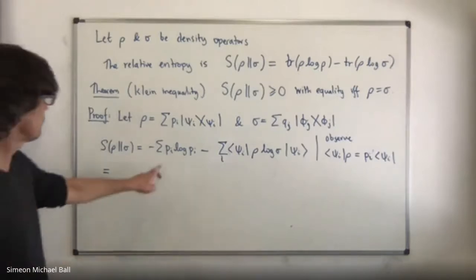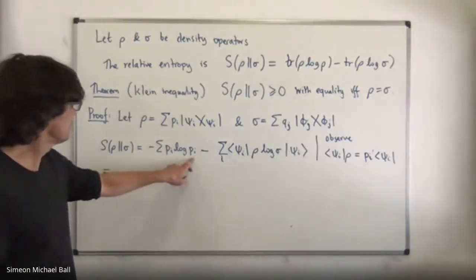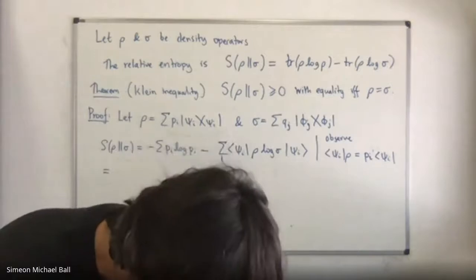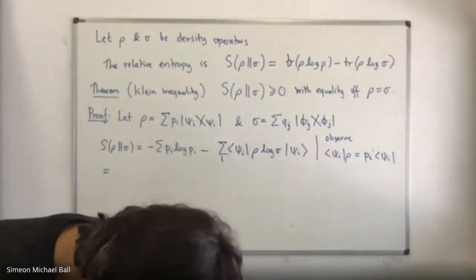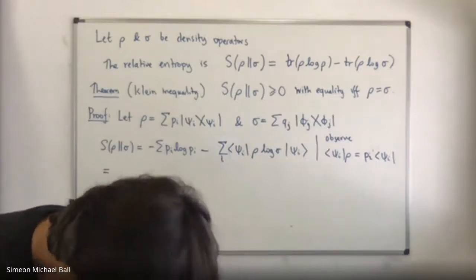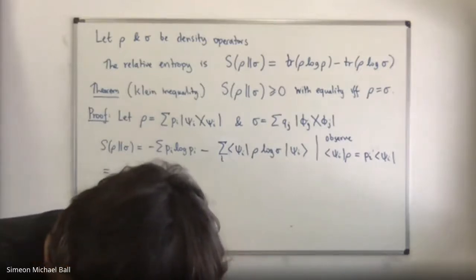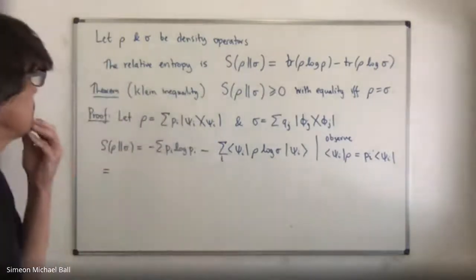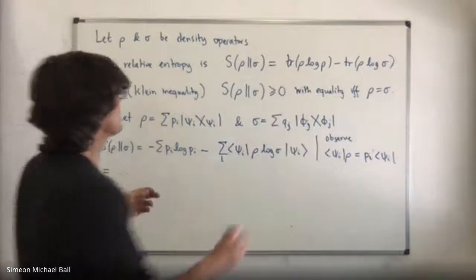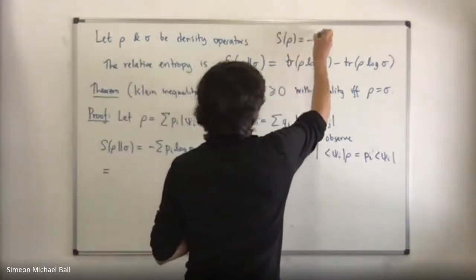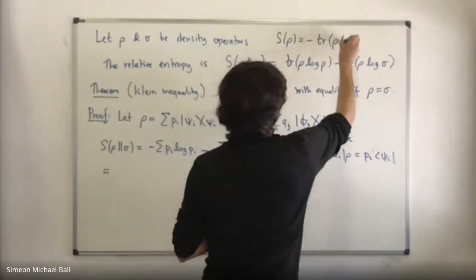This should have been positive, right? Because this is the logarithm of the probability. Did I get that wrong before? How did I define the entropy? Because I should have defined it as minus, yeah? And I missed out the minus. This should have been minus the trace of this.